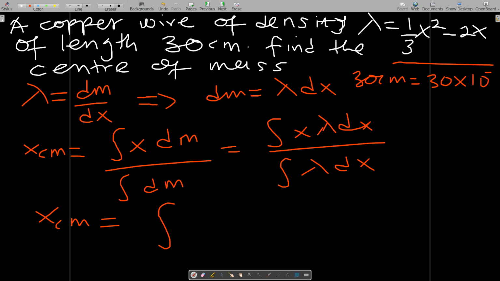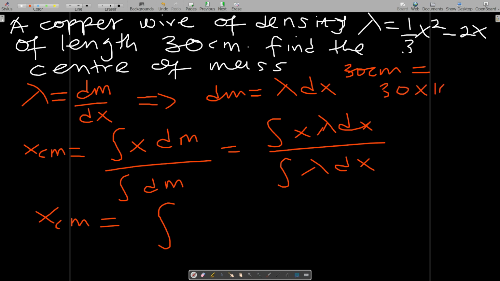Let me write it well for you. The 30 centimeters, I have to convert it to meters before it can work. So 30 centimeters is equal to 30 times 10 to the negative 2 meters, which is 0.3.